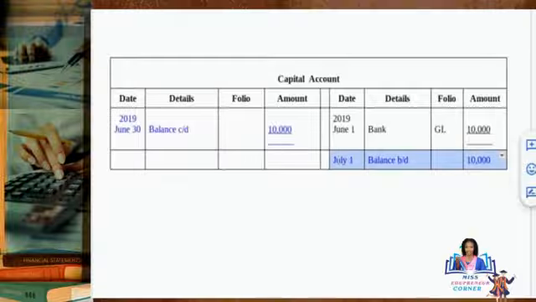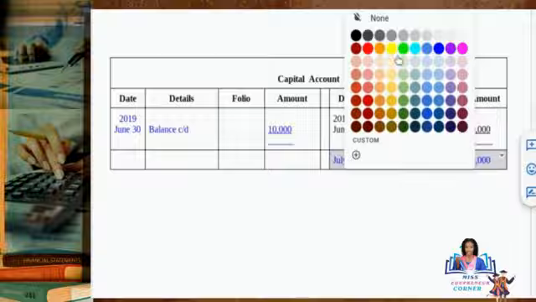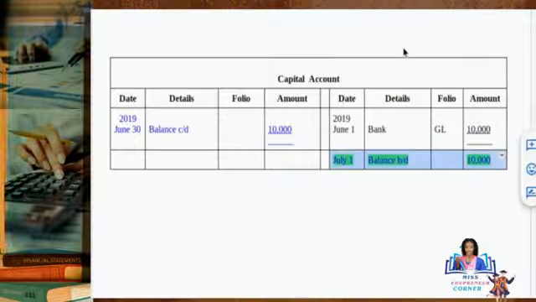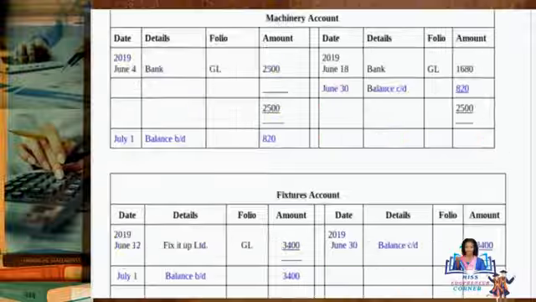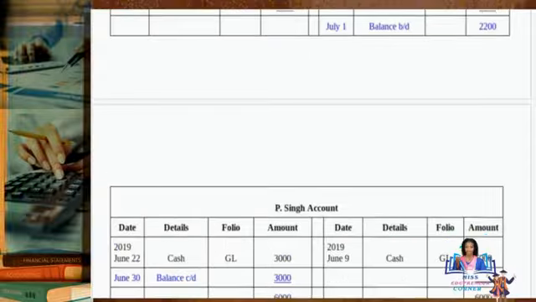These are the balances that we'll be using to prepare our trial balance. So all the BDs for the different accounts will be taken up and inserted in the trial balance. Right here, the capital account carries a credit balance of $10,000, so we put that $10,000 under the credit side of the trial balance.